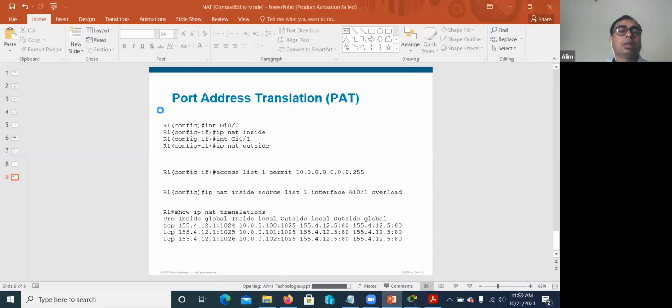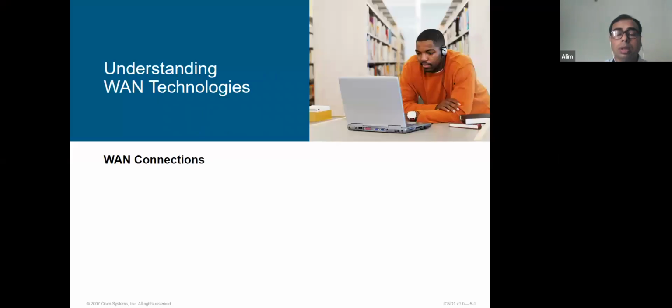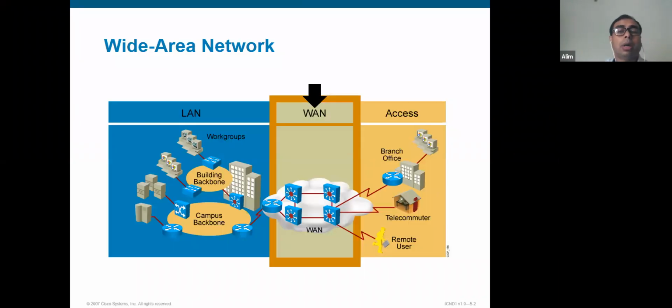Then I will discuss some WAN, wide area network technologies that you need in real life. But what is WAN? WAN means when you need to connect networks in a wide geographical area, it may be countrywide or even across different countries. For example, if you have different offices at different locations.